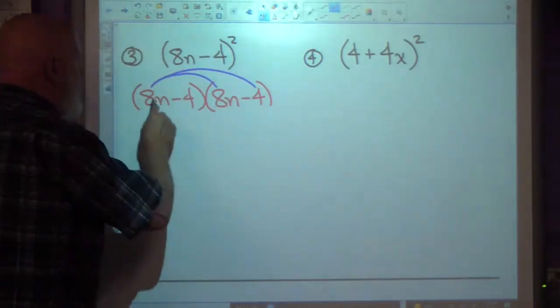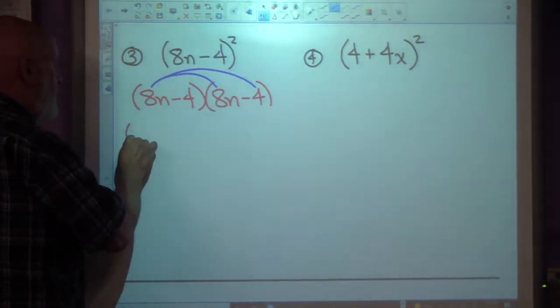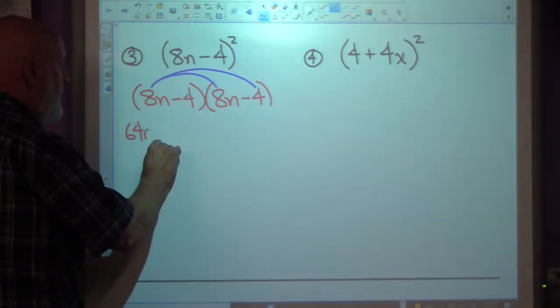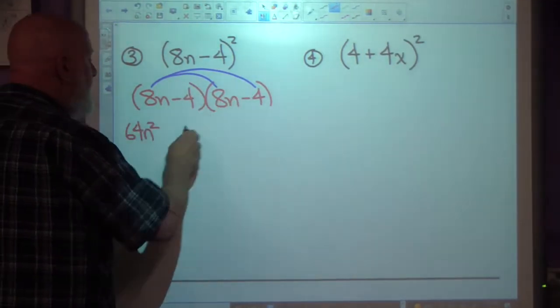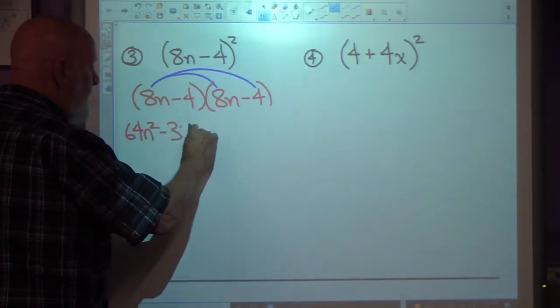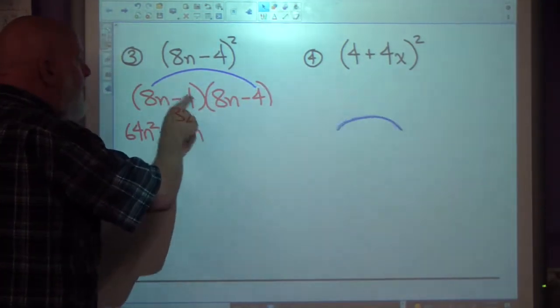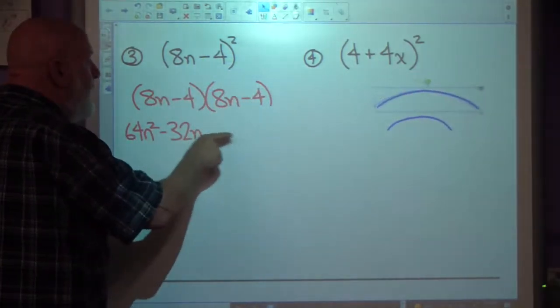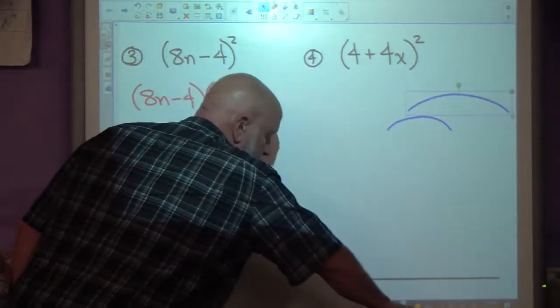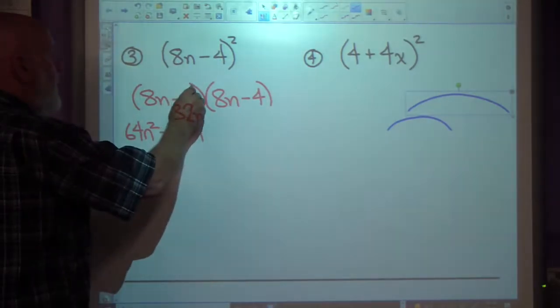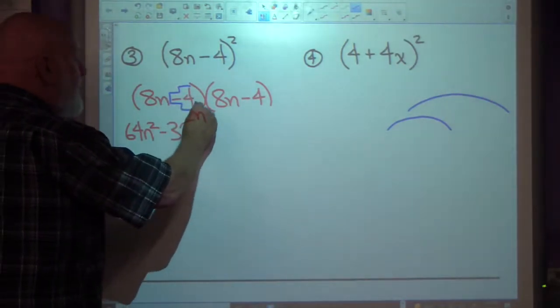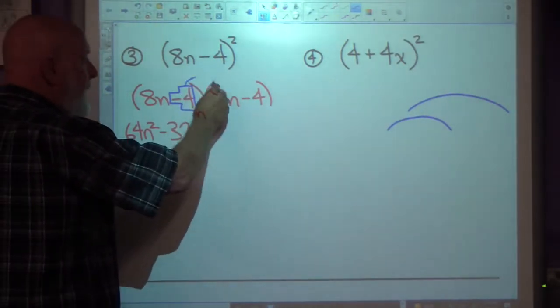Trying not to make any mistakes. 8n times 8n is 64n to the second power. 8n times negative 4 is negative 32n. I'm done with that. Now I'm going to distribute this negative 4. So the negative 4, the minus sign travels with the 4, so to speak.